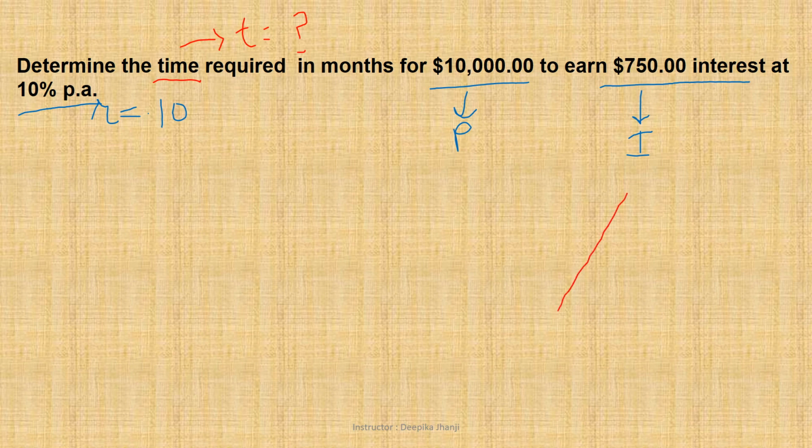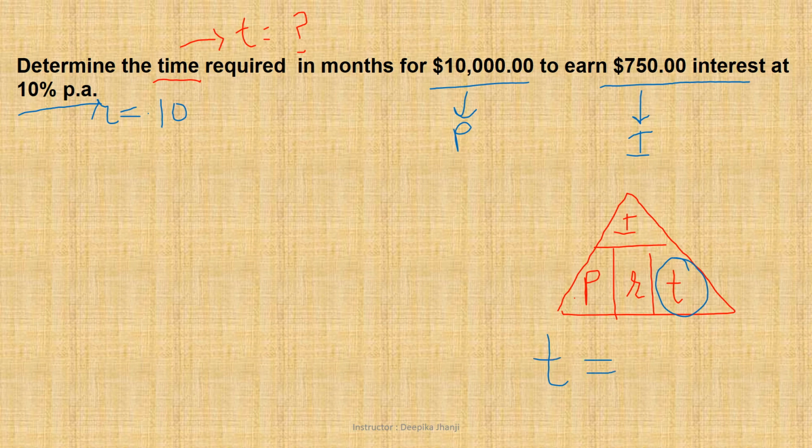Now using the triangle, when we write I on the top and other three variables at the bottom, we get P, R, and T, right? Because we need to figure out T, so we'll keep T here and everything else will go on the other side. I stays on the top and P and R are in the denominator, right?